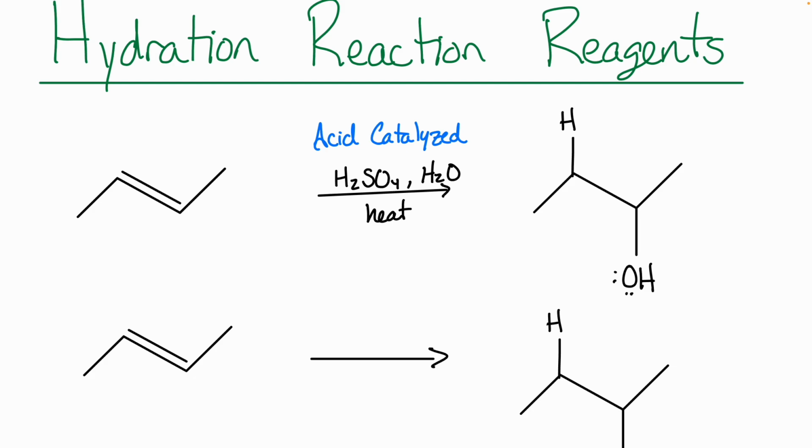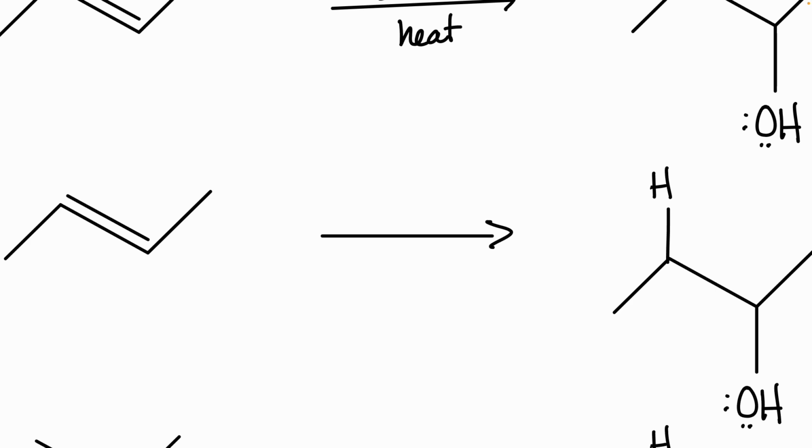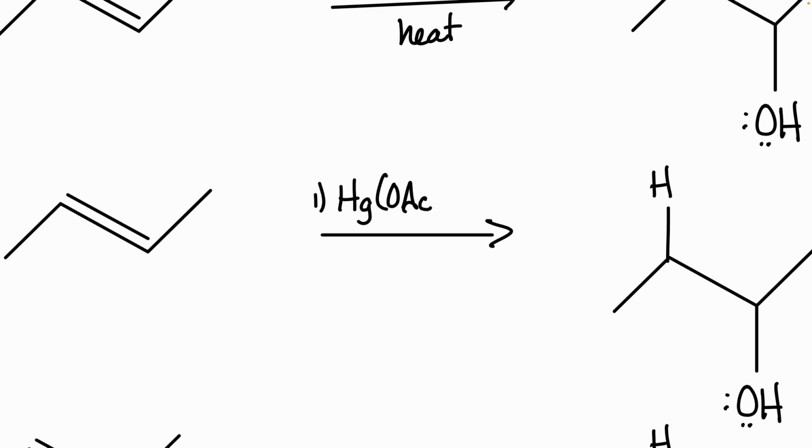But if you've just spent 100 years making only 2 milliliters of some special alkene, you're not going to throw it into boiling sulfuric acid. You're going to treat it with something a little bit more special, a little bit fancier. And that's when you would use this set of reagents here. Mercury acetate.